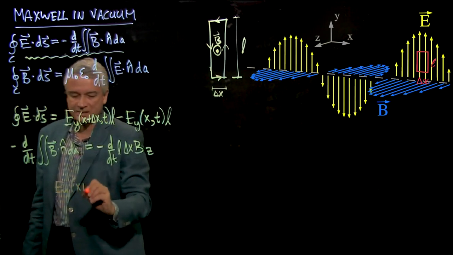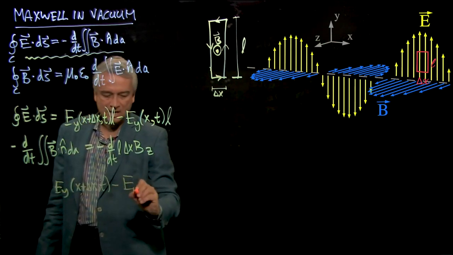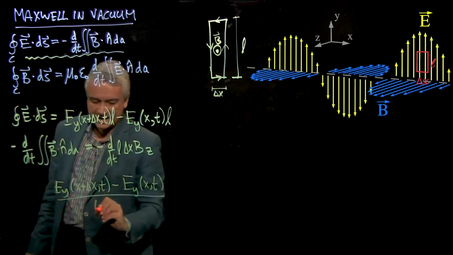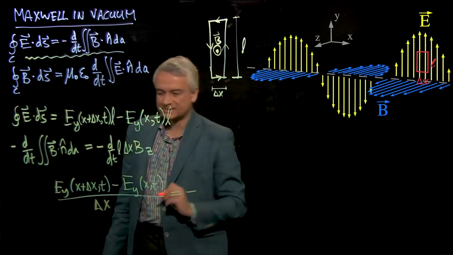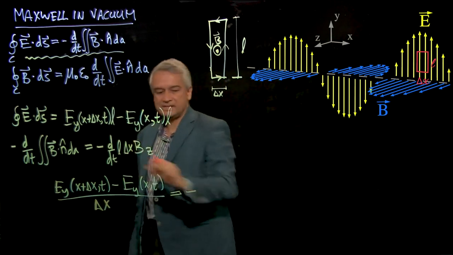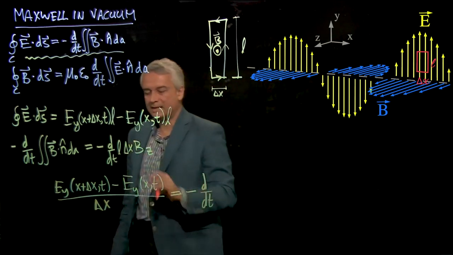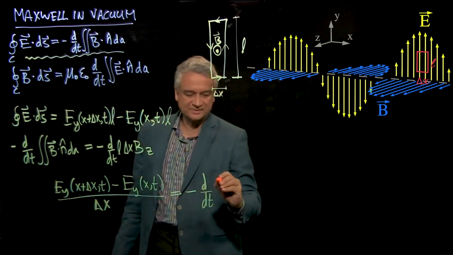And what I'm going to get is EY at x plus delta x and t minus EY at x and t, divided by delta x. And what's that equal to? It's minus d by dt. And this delta x, well, I put that downstairs already. This L has canceled, and so all I have left is Bz.